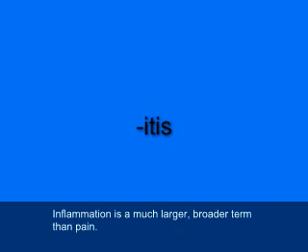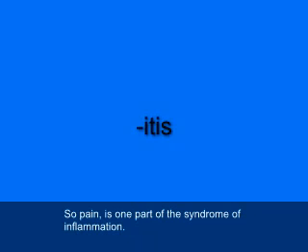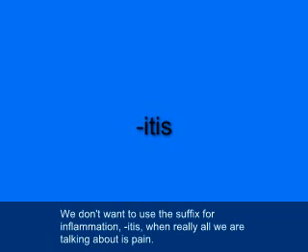Inflammation is a much larger, broader term than pain. Inflammation is the body's response to an injury, and that will include heat, redness, swelling, and pain. So pain is just one part of the syndrome of inflammation. We don't want to use a suffix for inflammation, itis, when really all we're talking about is pain.